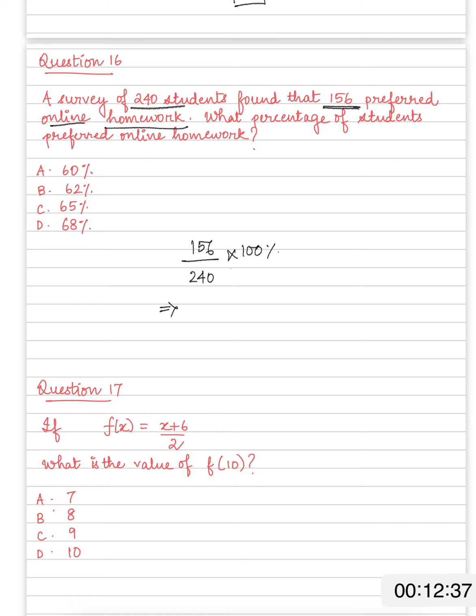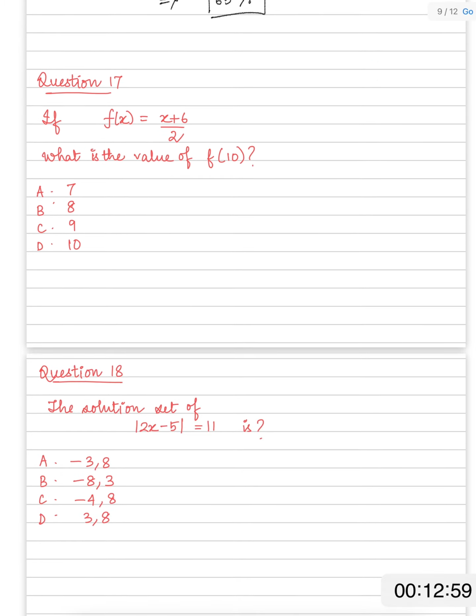You can divide by 3 first, then by 4. You can also definitely use a calculator for this. It will give you 65%. So this is our answer. Option C is the correct choice.